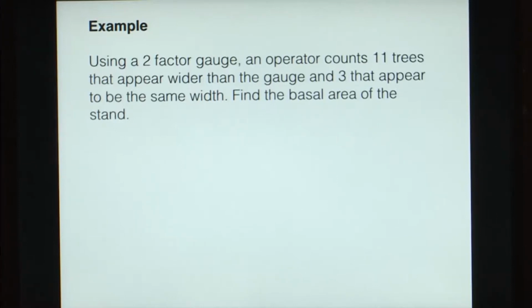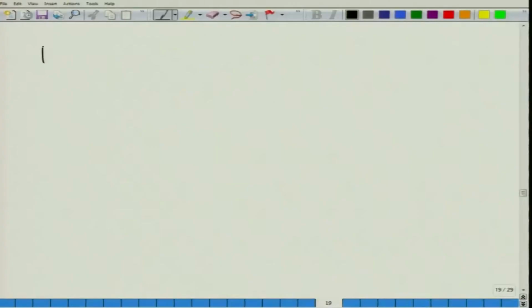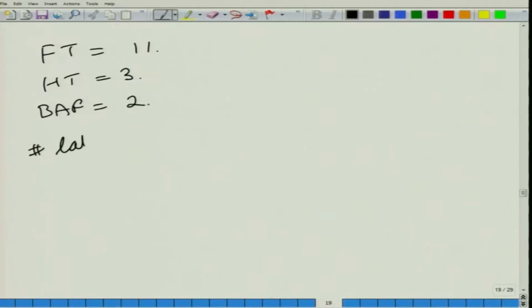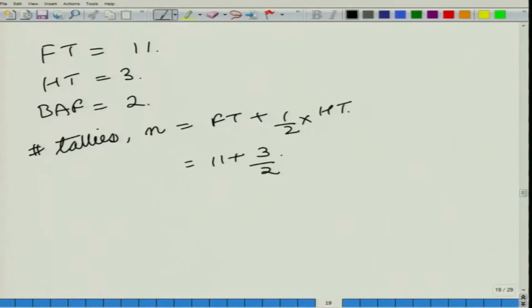So, how do we do that? We are given that the number of full tally is 11, the number of half tally is 3, and the basal area factor is equal to 2. So, the number of tallies, which we call n, is equal to the number of full tallies plus half the number of half tallies, that is 11 plus 3 by 2. Now, 3 by 2 is 1.5, so this is 12.5.